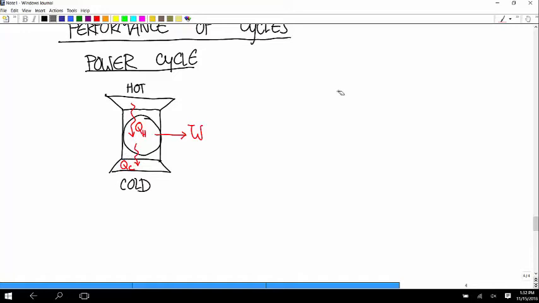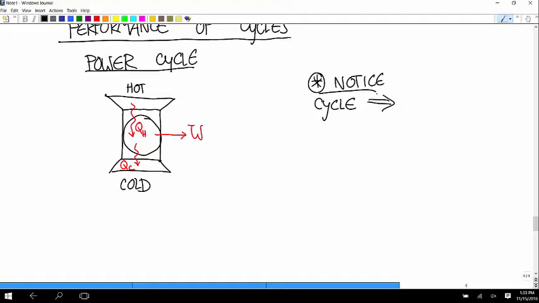One thing to notice is that this is a cycle. How do you know it's a cycle? Because it's called a power cycle. And in a cycle, you can't have any buildup or loss of energy in the system because that's a property. The system has to be the same at the start and end.